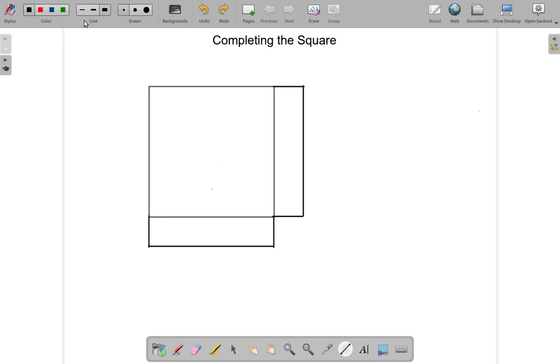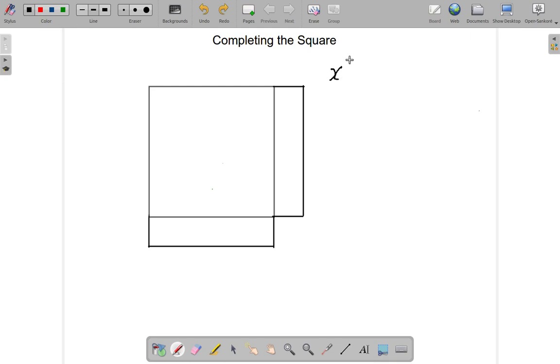So here I have my incomplete square. It consists of a square here and two rectangles. Now you remember this thing here. I don't want my lines to be this thick.